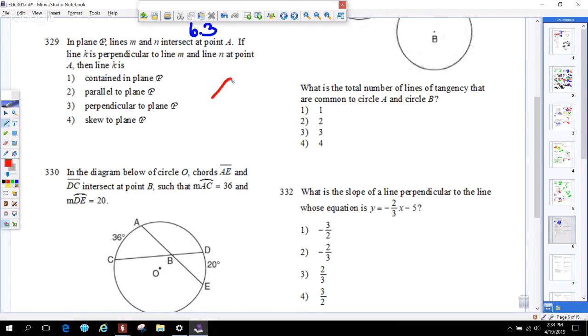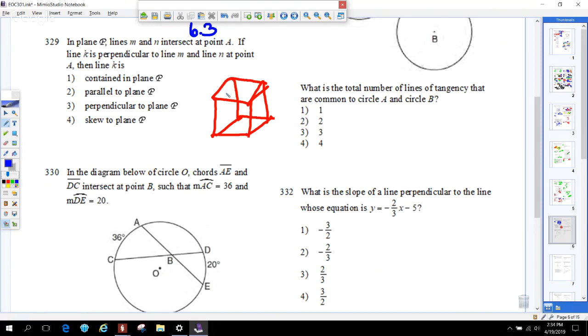So basically, think of a box. And oftentimes when I have to do with things with planes, I draw, even though this is horrible, a cube. So it tells me that lines M and N intersect at a point.